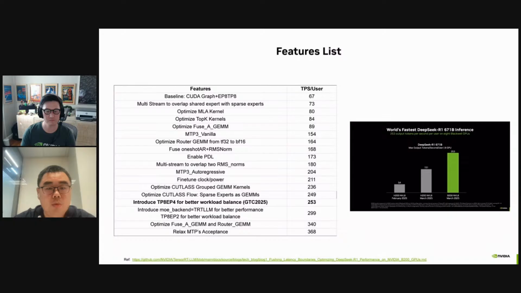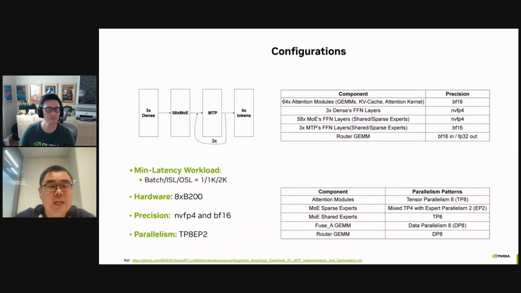And I will give more details about how these features help us to keep the world record all the time. But before that, let's give some details about the configurations.